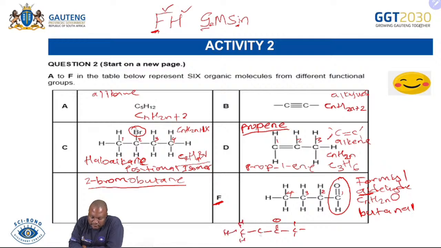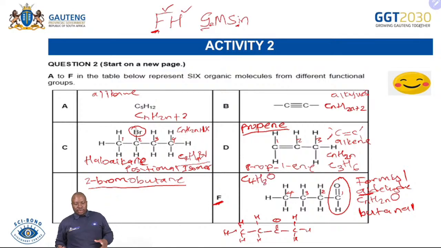Hoping you are able to see the structure. Then you have your structure like that with your hydrogens. Now you can see the 2. If you look at the molecular formula for this one, it is C4. How many hydrogens? 1, 2, 3, 4, 5, 6, 7, 8. H8O. C4H8O.